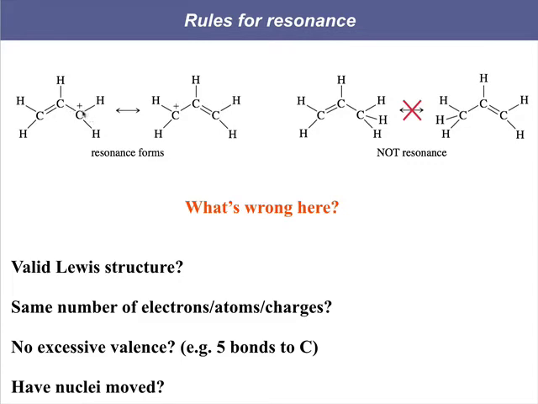Okay. Now, carbon has 6 electrons instead of 8. That's allowed. It's not ideal, but it's allowed. 5 bonds to carbon would not be allowed, but 3 bonds to carbon is fine. No, the reason why this pair over on the right are not resonance structures is because nuclei are moving.